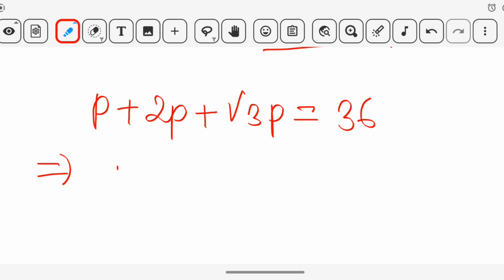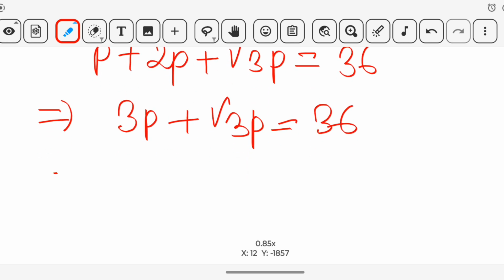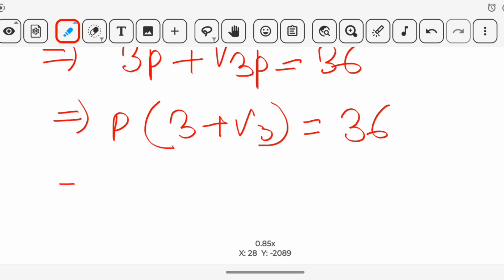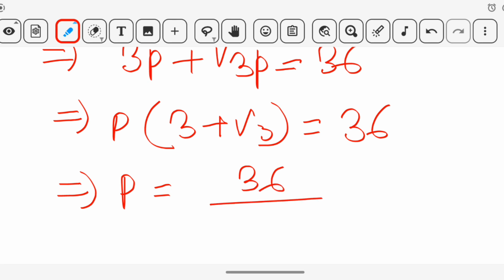That means 3P plus root 3P equals 36. That means P goes out, 3 remains plus root 3 remains, equals 36. That means P equals 36 divided by 3 plus root 3.